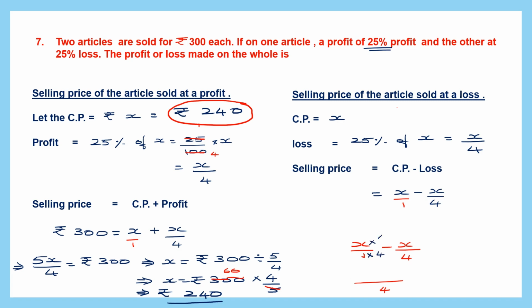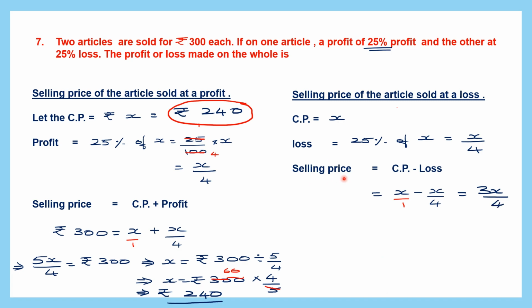So X into 4 is 4X minus 4 into 1, and X into 1 is X. So 4X minus X is 3X by 4. So here instead of this we can write 3X by 4. So let's write that. This is equal to 3X by 4.